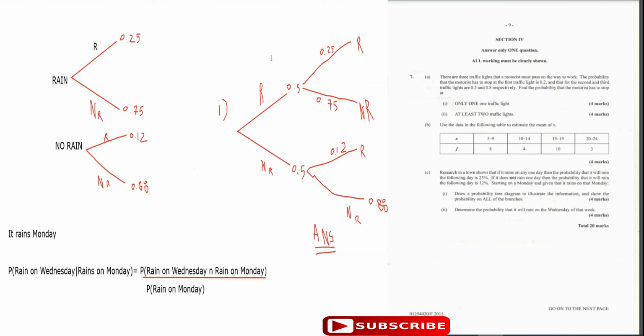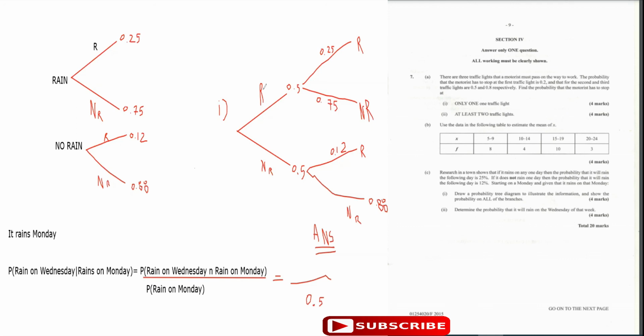Because it says it rains on Monday, the chances of it raining on Monday is 50%, so that works out to be 0.5. So given that it rains on Monday, we want to find the chances of it raining on Wednesday.